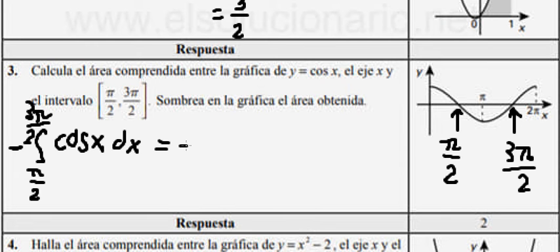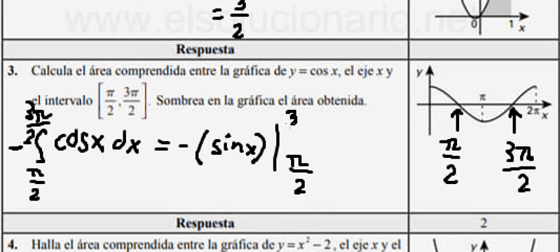So we have the negative sine s, and we have the boundary from pi over 2 to 3 pi over 2. So we put this one going here, this one going here, and you get 2.